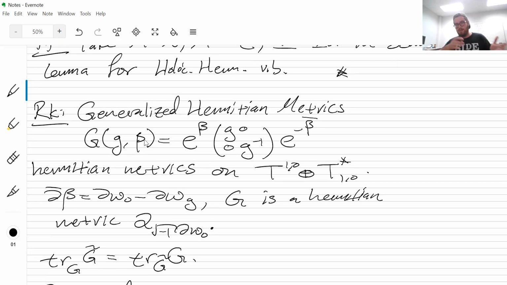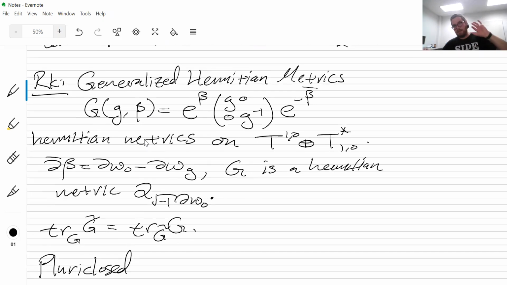I was jumping the gun a little bit, but omega 0 is just some pluriclosed metric on the manifold that's Dolbeault cohomologous to omega g, and omega g is just g J dot. I'm just kind of describing why this Schwartz lemma is useful in our setting at all.